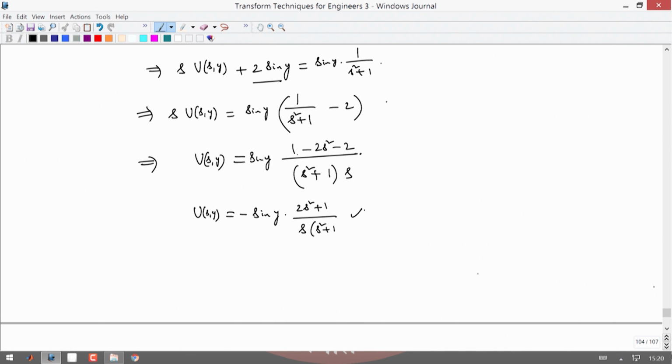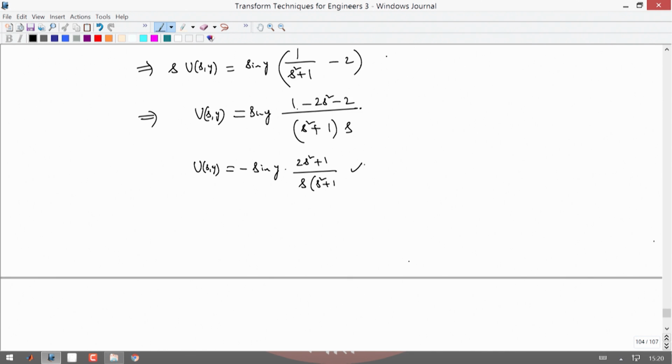This you invert. If you invert this, inversion will give ∂u/∂y is equal to, so minus sin y, this you can rewrite like 1 by s minus s by 1 plus s square.